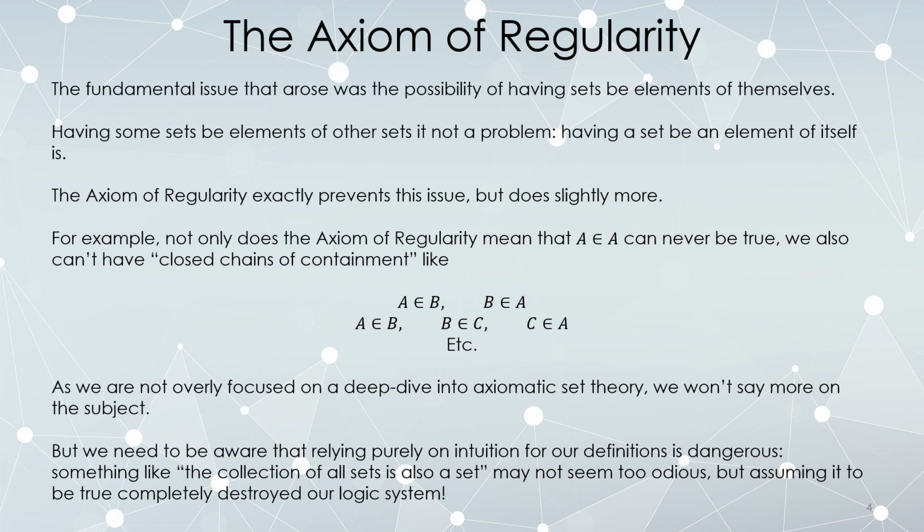No, the set of all sets is a contradictory object and cannot possibly exist. It destroyed our logical system to assume it was there. So you can't rely too much on intuition in mathematics. It's handy as long as you remember that everything has to be backed up with axioms and logical derivations. Relying too much on your intuition can lead you down some bad places and cause you to make mistakes.